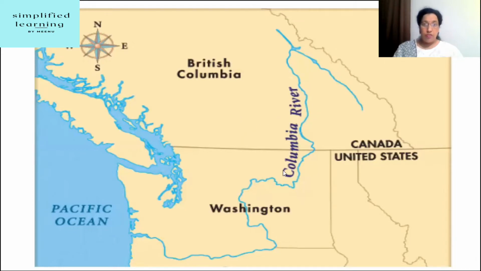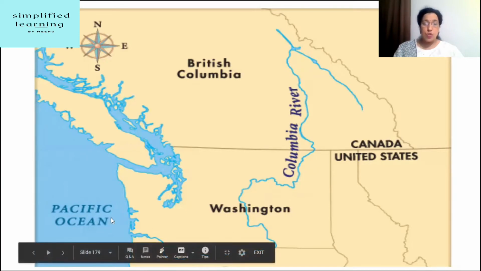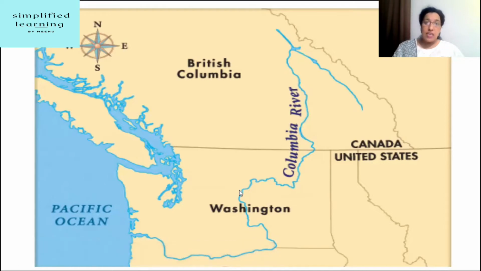This is the Columbia River, this is British Columbia, and this river is flowing towards south and then towards west into the Pacific Ocean. Clear? Remember, Washington state is in the western part and Washington DC is in the eastern part of North America.